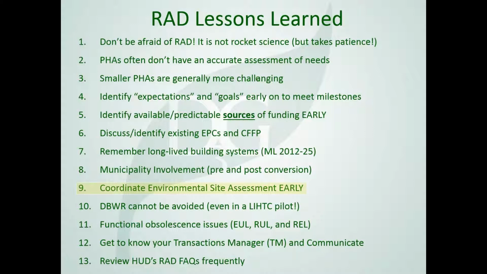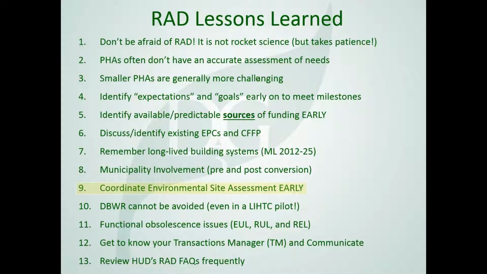Number 9, coordinate the environmental site assessment early. This is paramount. It should almost be number 2 on my list. We can get down the road 4, 5, 6 months with capital needs and things look really good, and then the financing structure requires an environmental site assessment. And in that study lies the problem that may be a barrier to mortgage insurance.